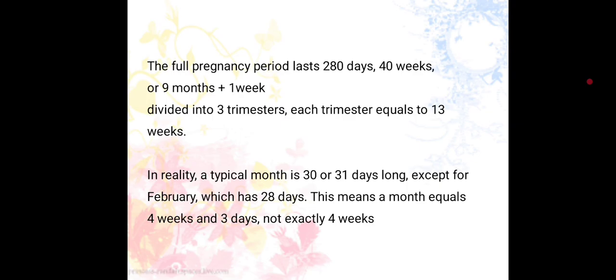Each trimester, which is 3 months, equals 13 weeks, and each month equals 4 weeks plus 3 days if that month has 31 days, and 4 weeks plus 2 days if the month has 30 days. Okay? We have to convert these days and months into weeks. Is it clear?